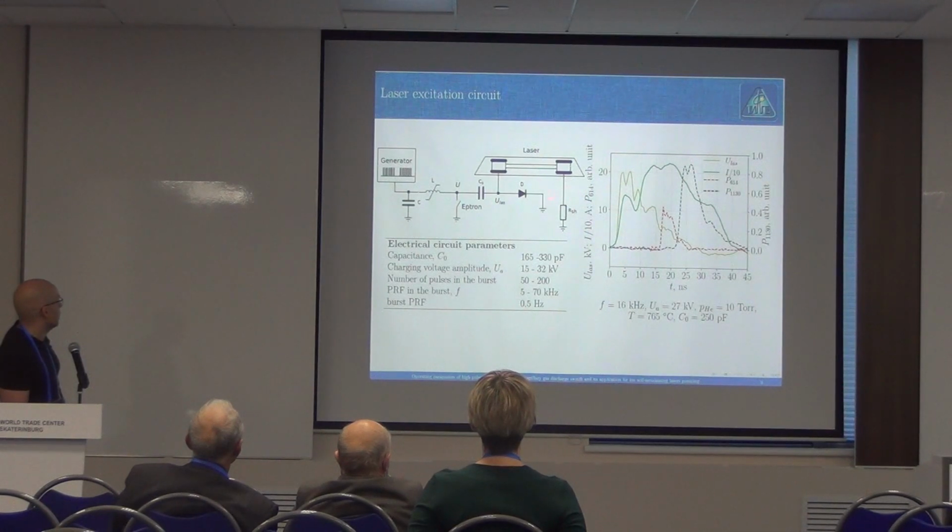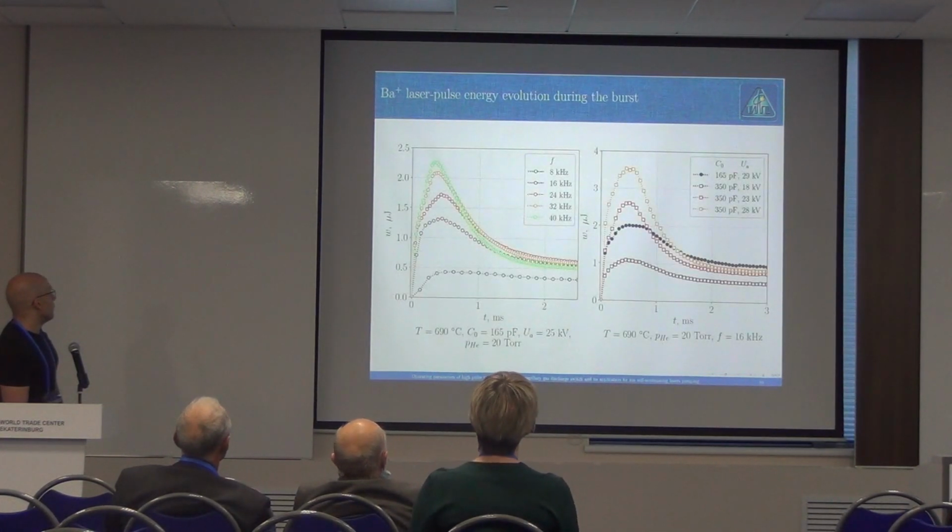Experiments were carried out in burst operation mode with frequency in the burst up to 70 kHz. Here is presented the evolution of laser energy pulses. Each point is one pulse.